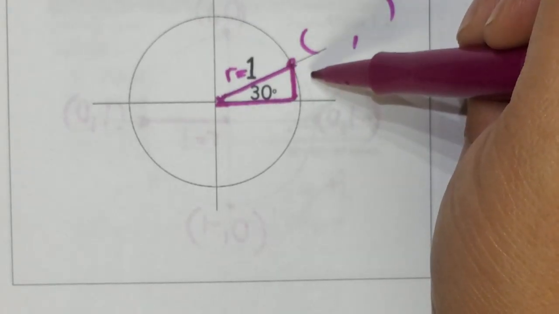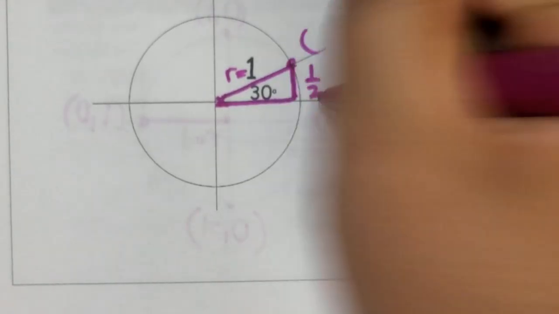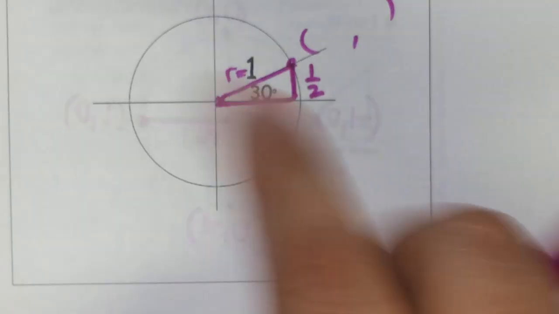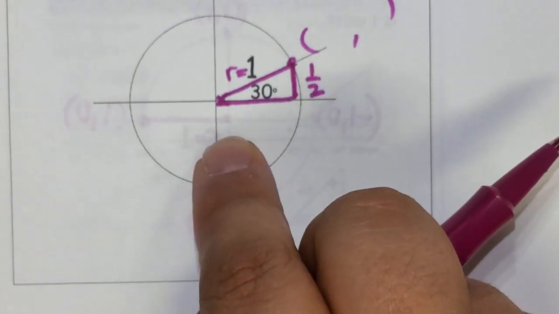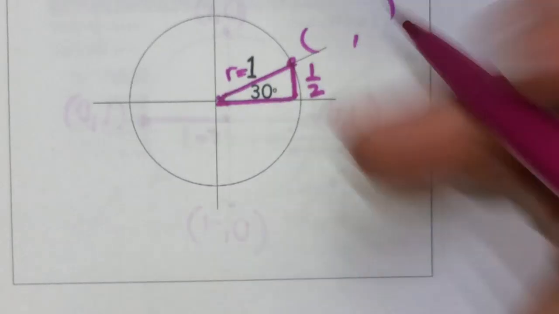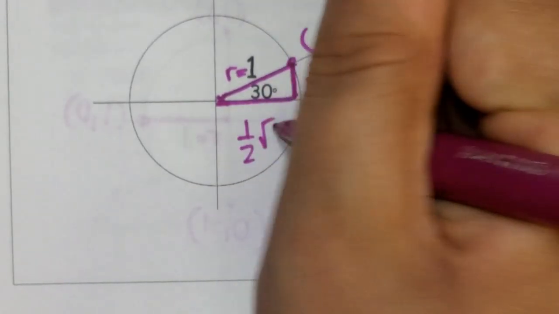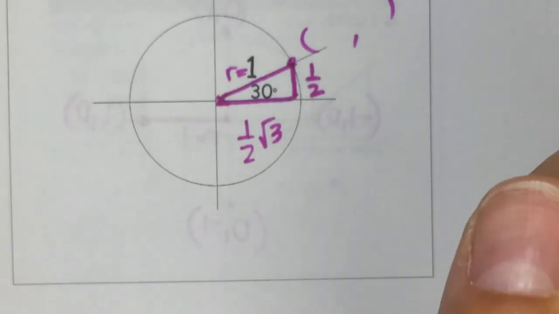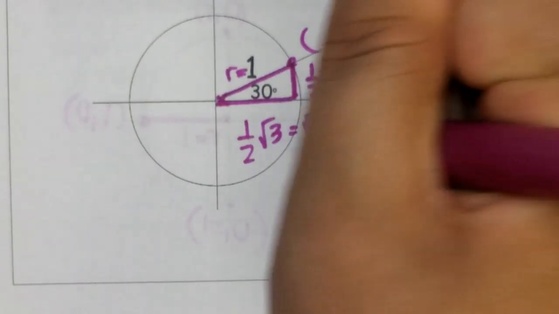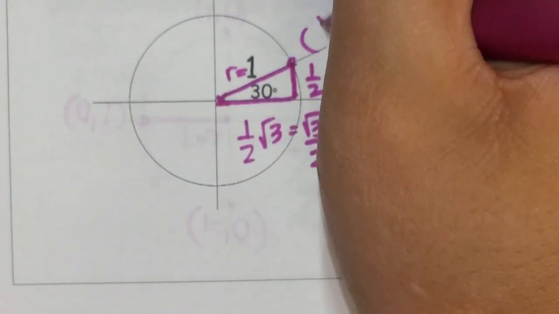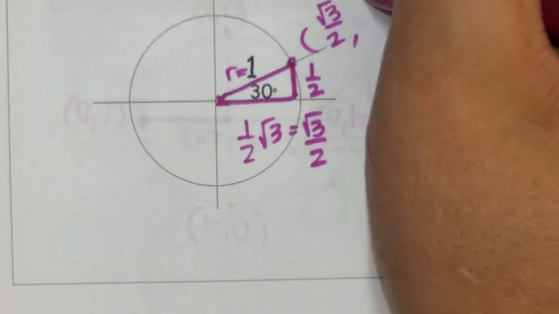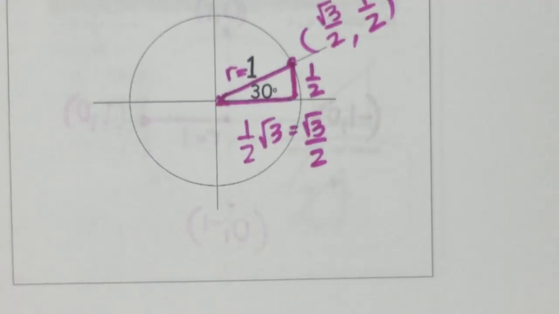Divide by 2, what do I get? 1/2. That's the short leg. And how do I get the long leg? When we multiply by the square root of 3, you get 1/2 times the square root of 3. We're not going to write it like that. We're going to write square root of 3 over 2. Does that make sense? So my coordinate, my X, is square root of 3 over 2. My Y is 1/2. We good?